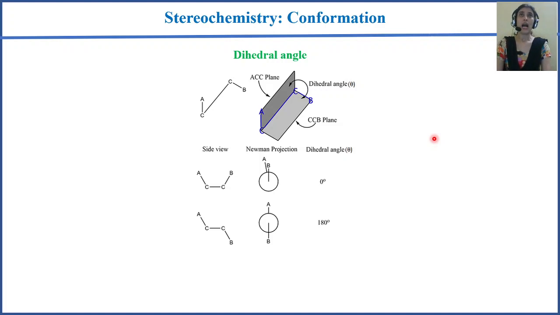Now, I will give a view of the 3D phenomena in which the dihedral angle and torsional angle come. Consider, very simply, an example where the wall is one plane and the floor is another plane.